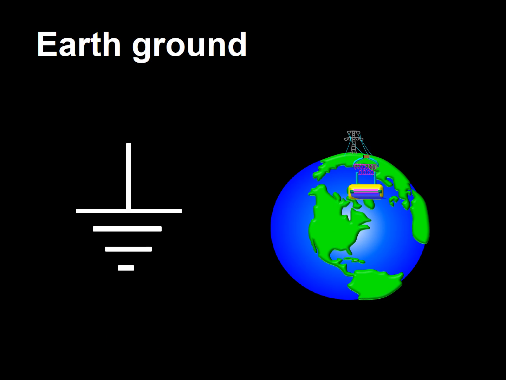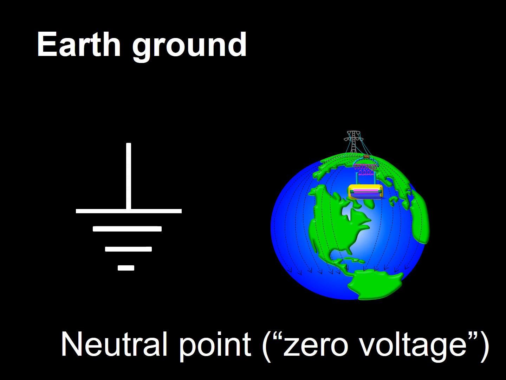The second purpose of Earth grounding is to provide a neutral galvanic point. A neutral galvanic point implies a place where voltage is zero in relation to everywhere else.